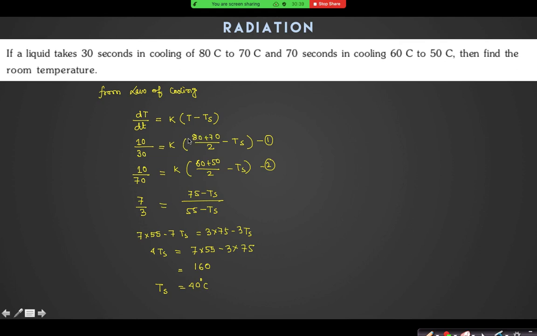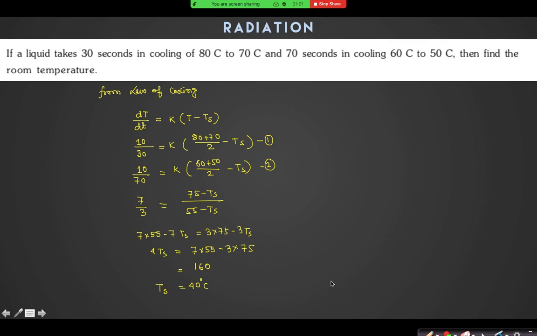If you add 273 here, you also add it there, so the subtraction cancels out. So the temperature difference in Kelvin and Celsius can be assumed the same. I'm sure you have understood this question clearly.